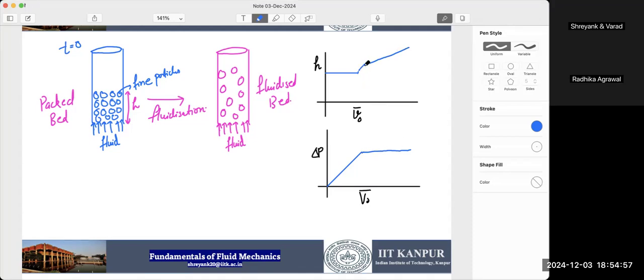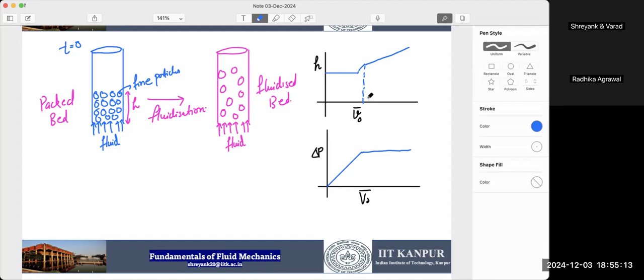So this is the point where the bed becomes completely fluidized. Okay, so this is the point.